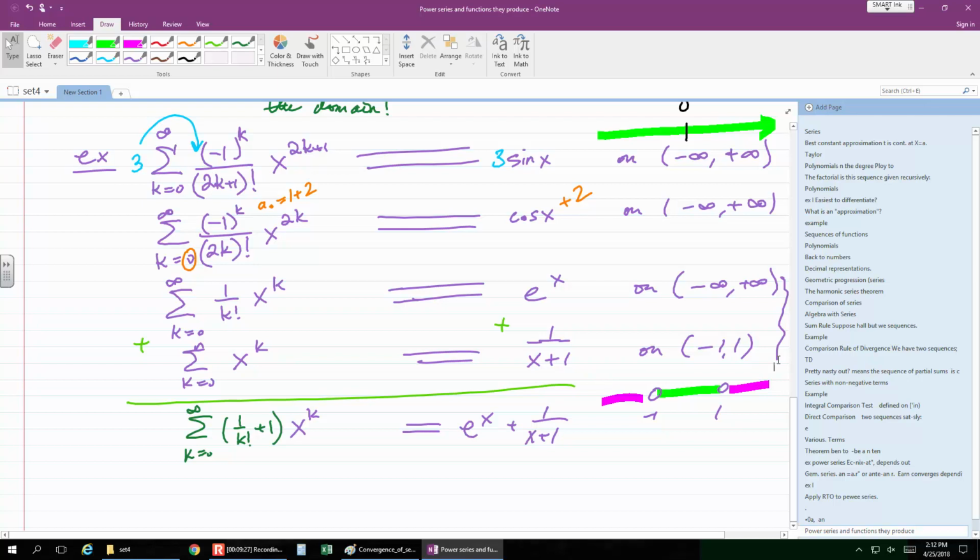The bigger one or the smaller one? So the exponential function has the domain negative infinity to infinity, while the second one has the domain negative 1 to 1. The sum of them, what is its domain, one or the other?